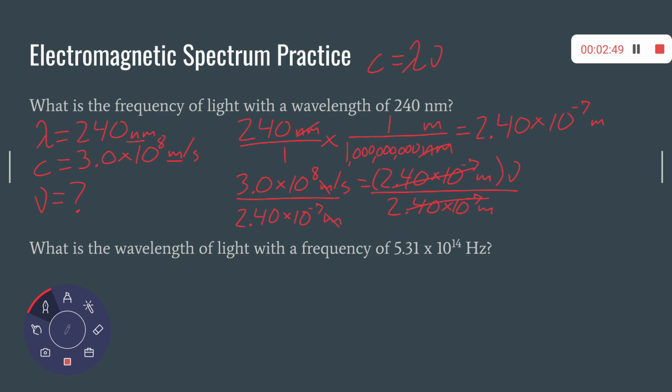My units of meters cancel here, and I'm left with units of per seconds here. And remember, a per second is a hertz, which is a unit of frequency. So we're good to go. So I'm going to go to my calculator, 3 times 10 to the 8th, divided by 2.4 times 10 to the negative 7th, and that is going to give me 1.3, if I care about sig figs, times 10 to the 15th.